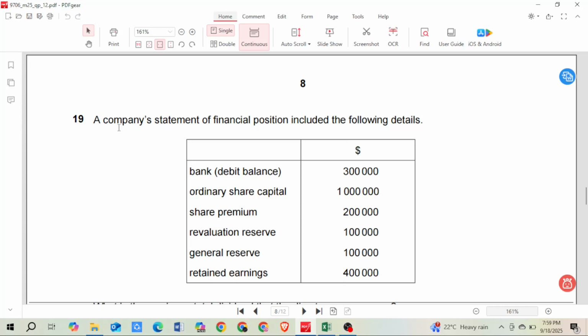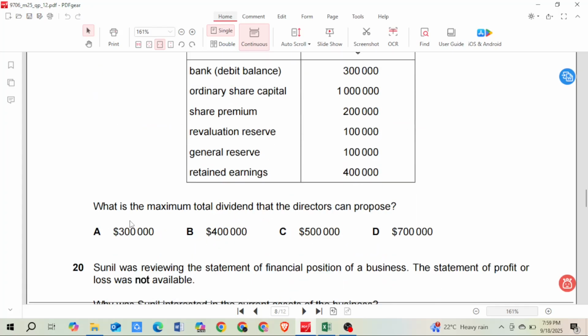Number 19. A company's statement of financial position included the following details: bank debit balance, ordinary share capital 1 million, share premium 200,000, revaluation reserve 100,000, general reserve 100,000, retained earnings 400,000. What is the maximum total dividend that the directors can propose?